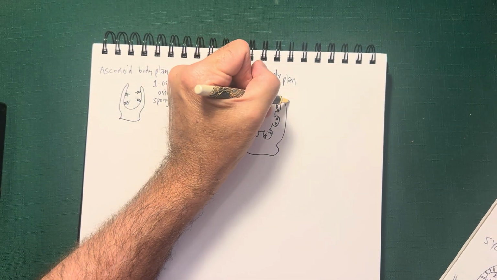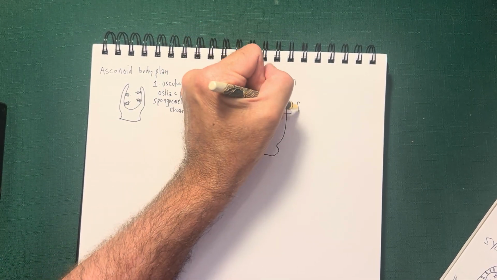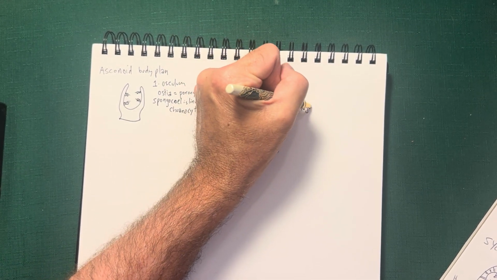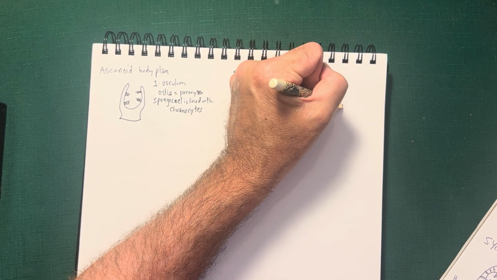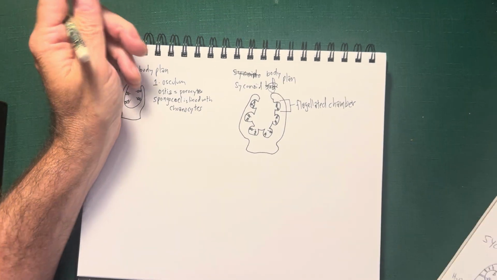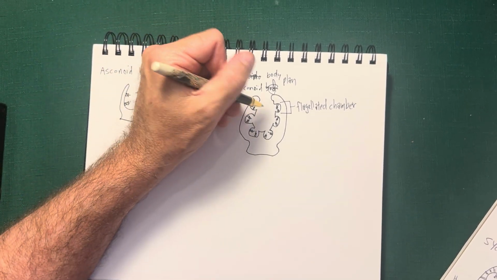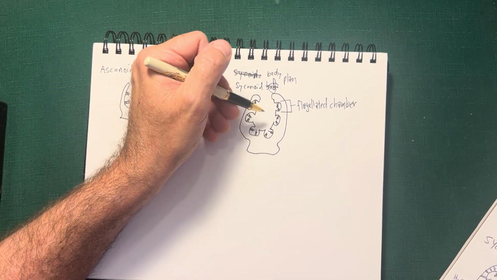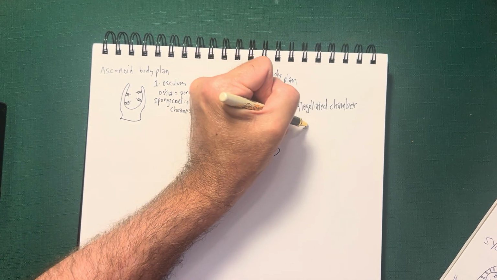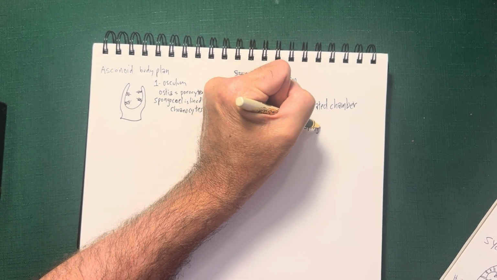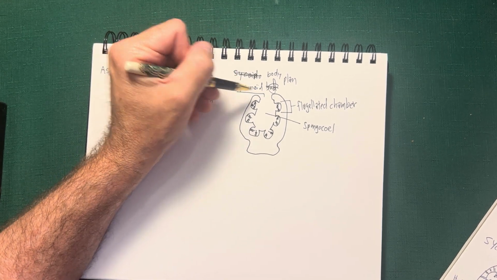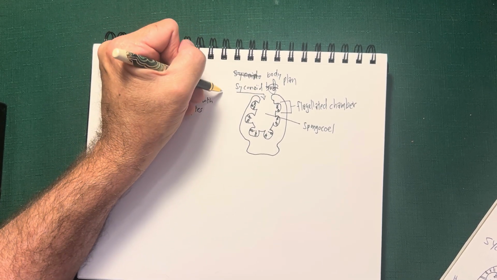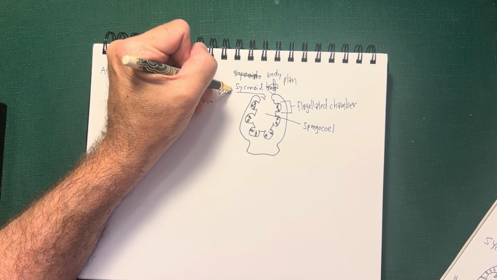Okay, so now each of these units is called a flagellated chamber. We still have a single spongocoel, with this place for water exit called the osculum.